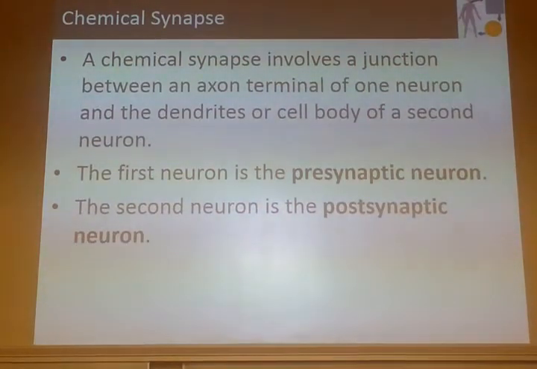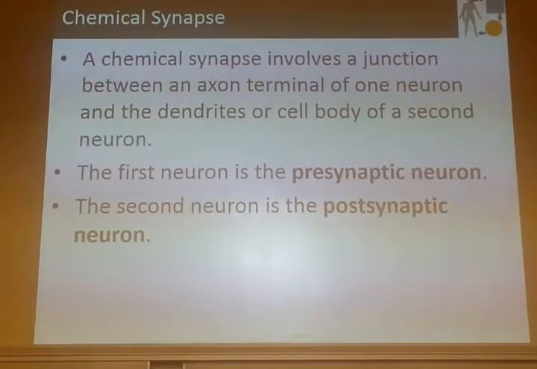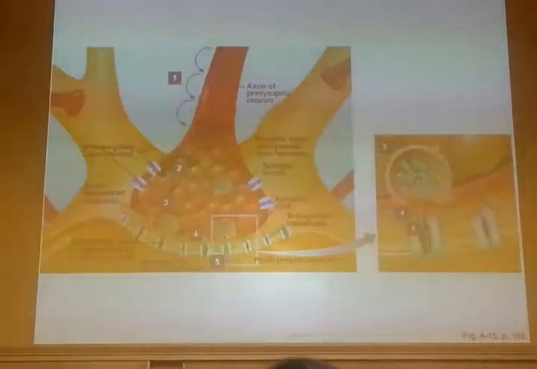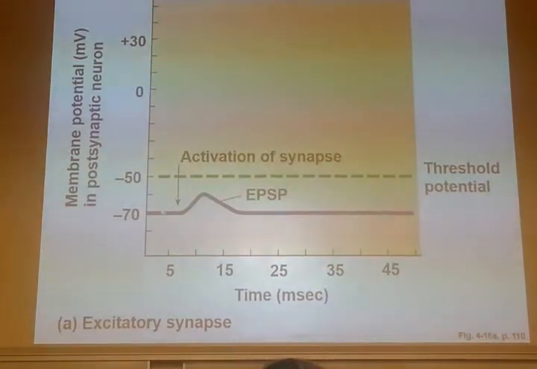So chemical synapses, we've drawn this many, many times. You've got a receptor in the dendrite, receptor in the cell body, and you're going to have a chemical bind to that receptor and open a channel. The channels may allow positive charge to come in. They may allow positive charge to go out. This is having opposite effects on the inside of the cell. If positive charge comes in, you get closer to the threshold.